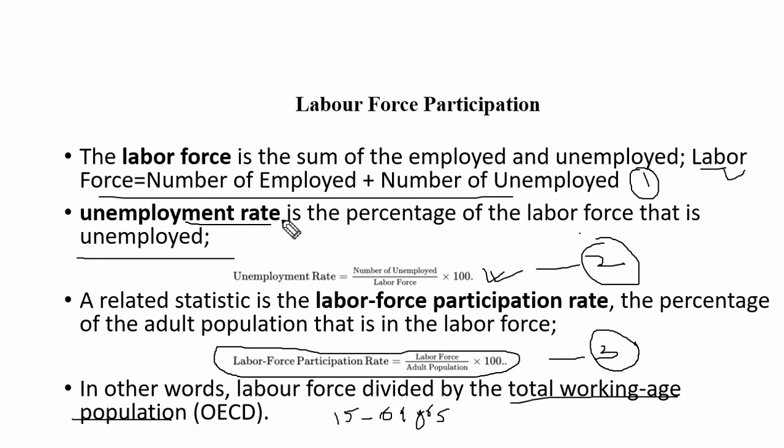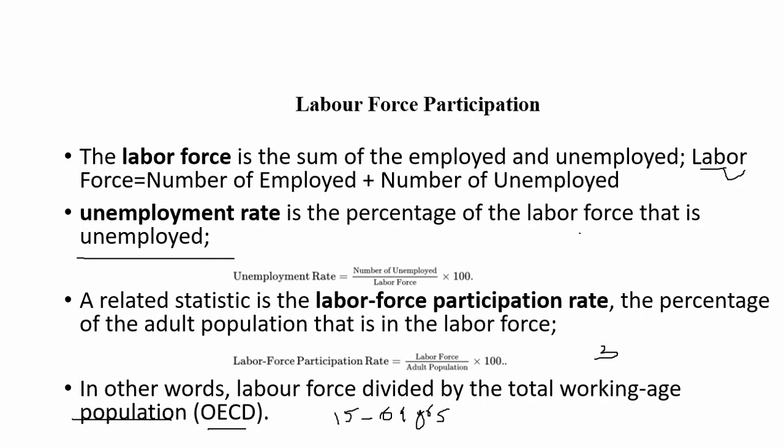The summation of that is the labor force. Secondly, the unemployment rate is nothing but the number of unemployed divided by the labor force multiplied by 100. And thirdly and most importantly, labor force participation rate is nothing but the labor force divided by the adult population, or the total working age population as referred by OECD, right?